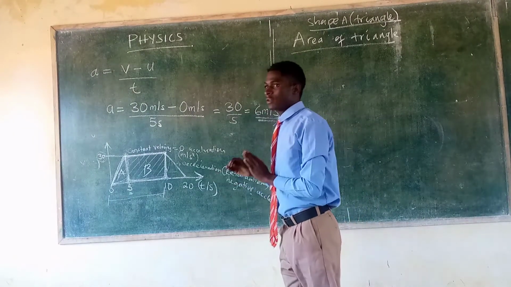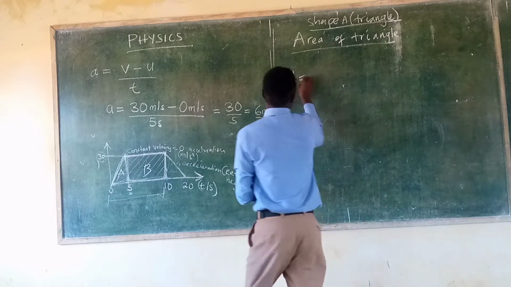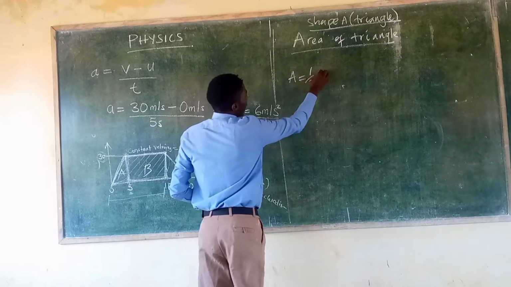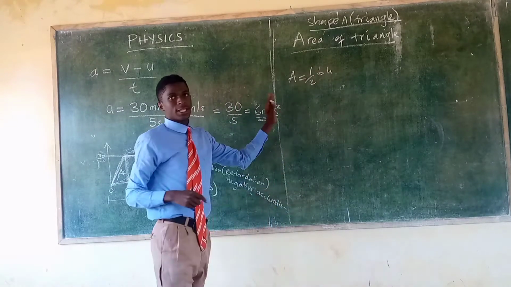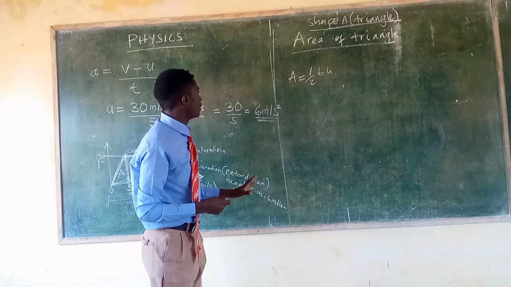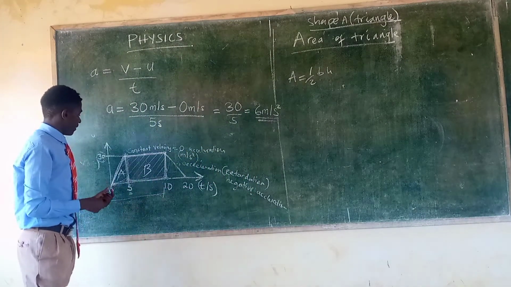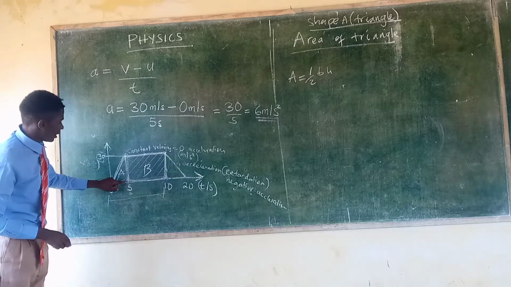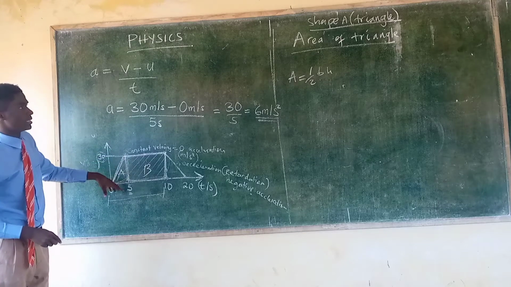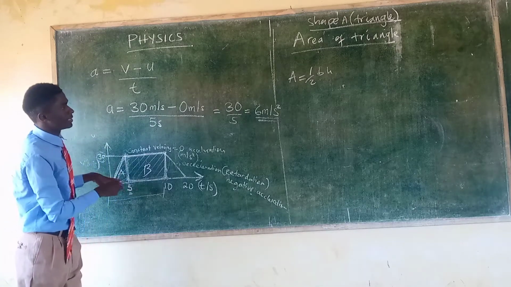The area of a triangle is calculated by the formula: area equals half base times height. This is the formula that we use to calculate the area of a triangle. So we just substitute in the formula. The base from 0 to 5, this is the base, and the height from this point to this point, that is the height. So the base is 5.